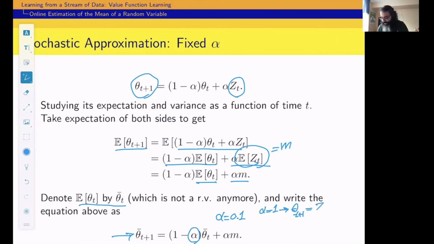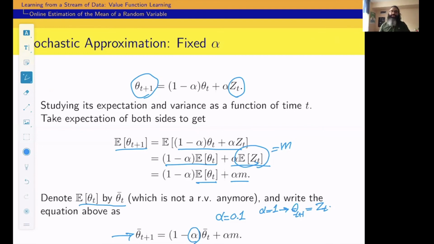Alpha is 1, so it would be z t. So if alpha equals 1, theta t plus 1 is just following the most recent sample. It is an unbiased estimator of the random variable z, but it is not going to converge to any point. But its expectation behaves the same as the expectation of z t, which is m.